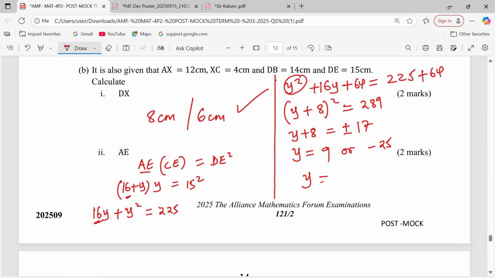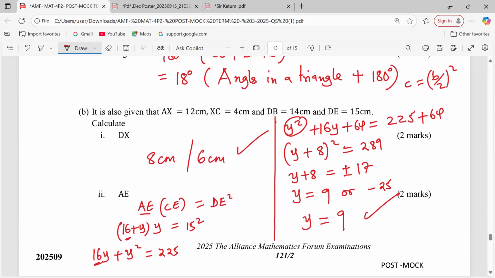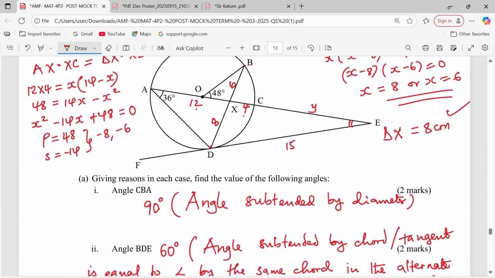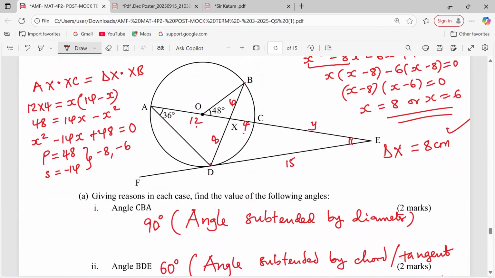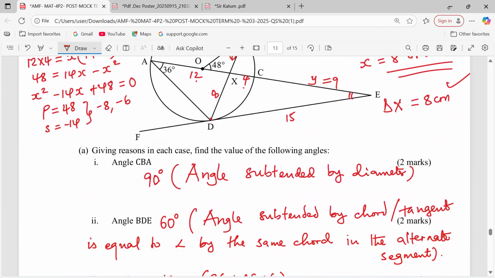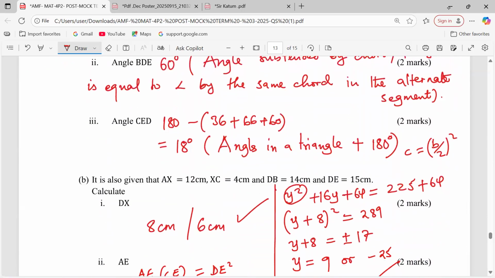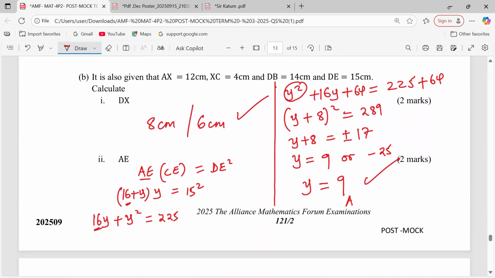The value of y we settle at 9, because the other y is negative. Length cannot be negative. So if y is 9, the whole length of AE is 12, 4, 9. When we add 12, 4, and 9, we are getting exactly 25 centimeters.